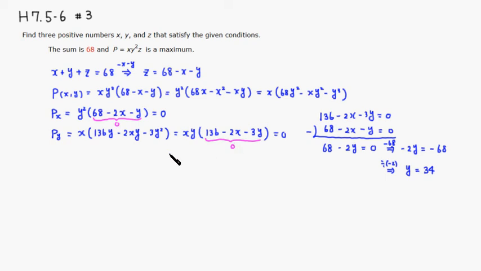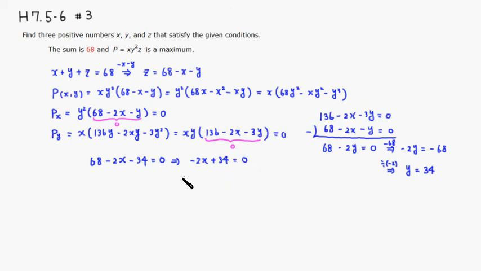So let's use this equation right here. Let's plug in 68 minus 2x minus 34 is equal to 0. So let's combine that. It's going to be negative 2x plus 34 is equal to 0.